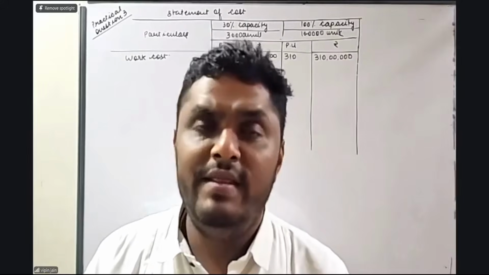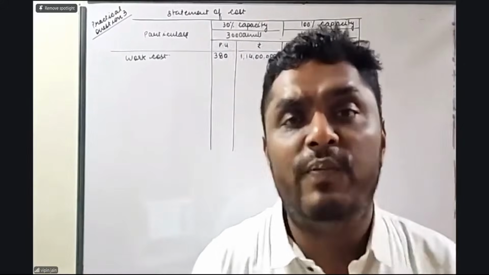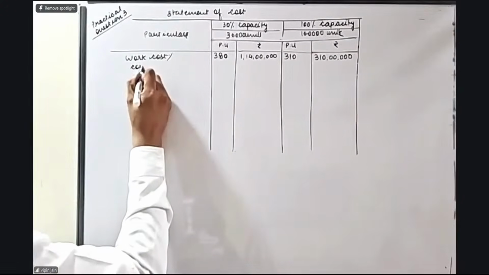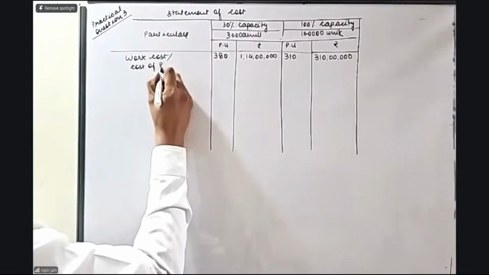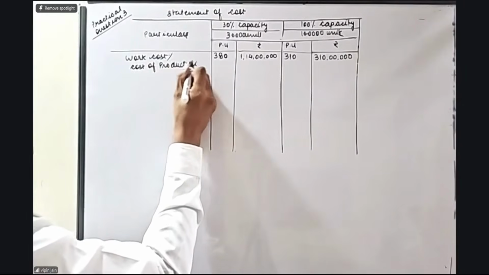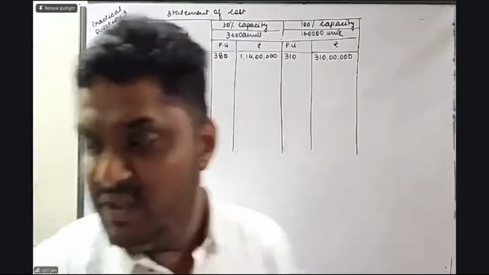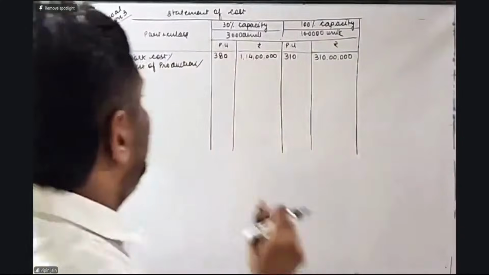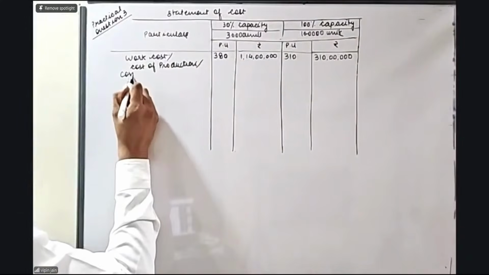If not, then this will be my cost of production. No information is given, so this will be my cost of production. And no information is given in the question as regards finished stock, so this will be my cost of goods sold.